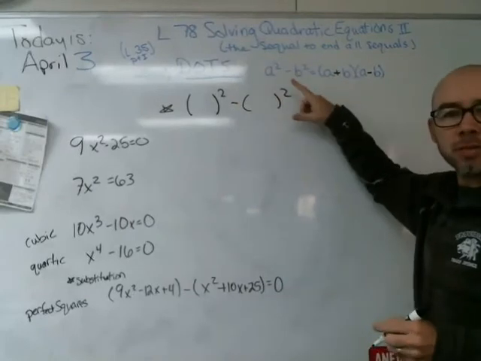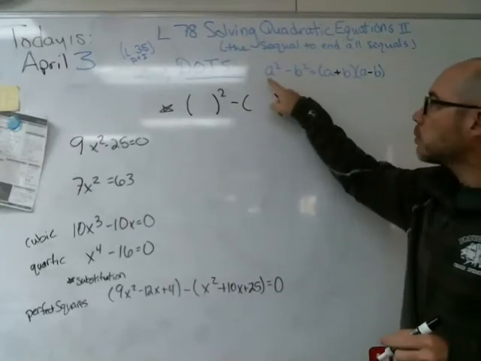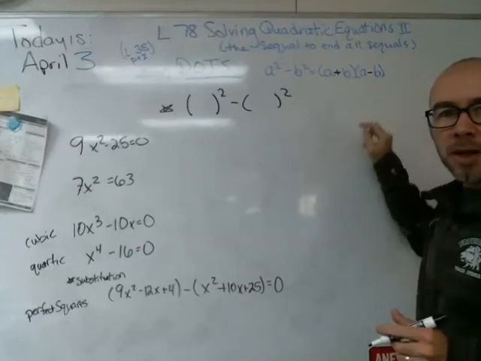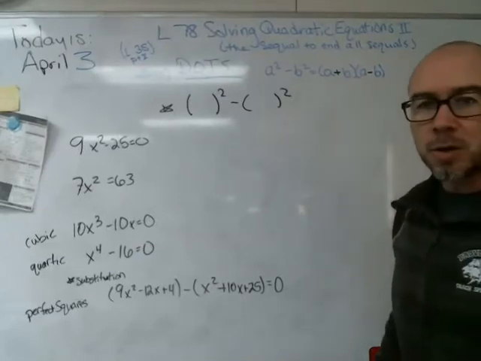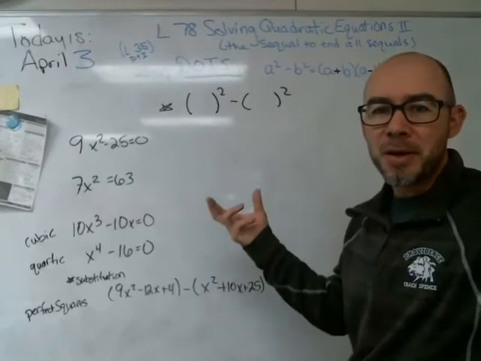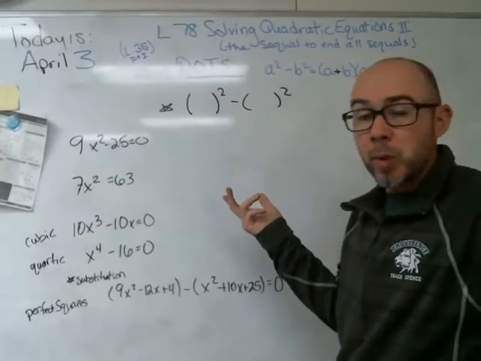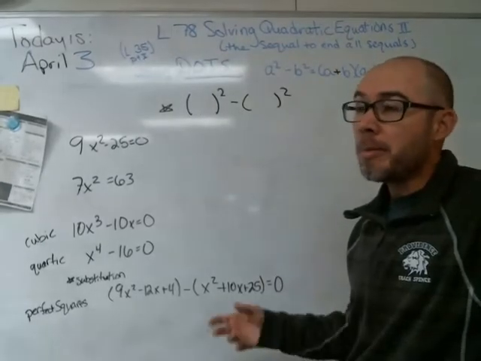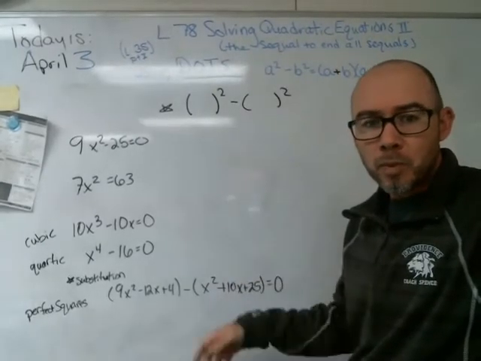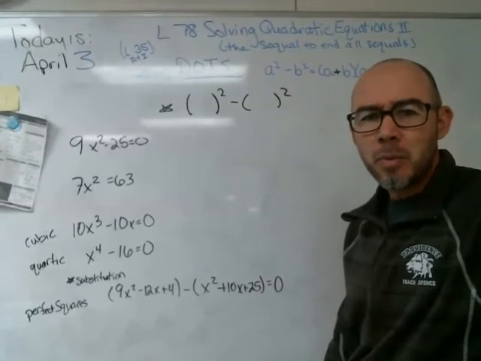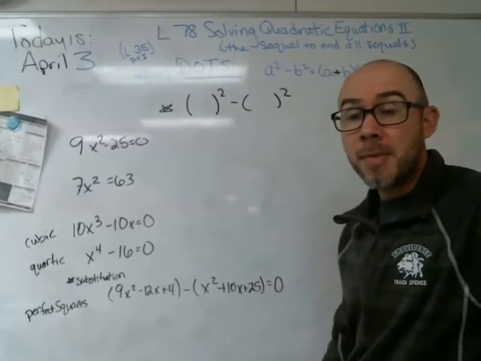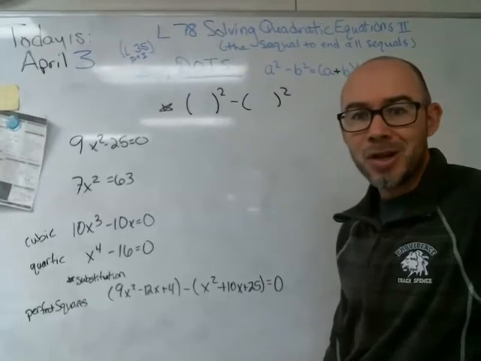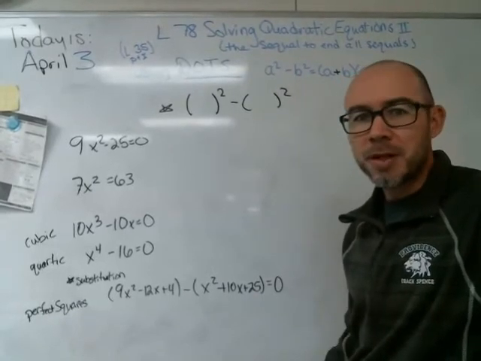Difference of two squares. For review, a squared minus b squared can be factored down to a plus b and a minus b. Let's get a little more complicated because that a can be just one number or a variable, or it can even be a power of a variable, like x squared, or it can be a polynomial in itself that's being squared.